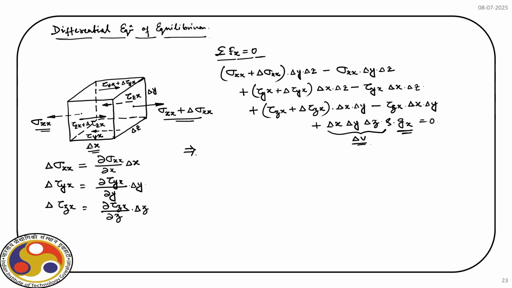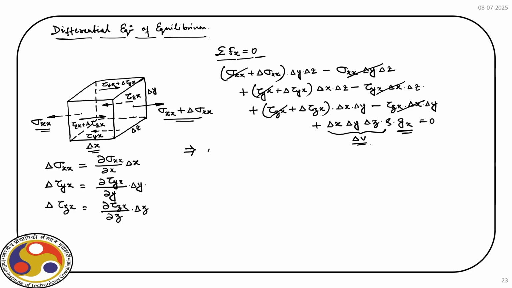Now, you can identify, if we open the bracket, obviously this will get cancelled. Similarly, this one will get cancelled, and then finally, for the last components of stresses acting along z plane, we will have these two components cancelled, right.